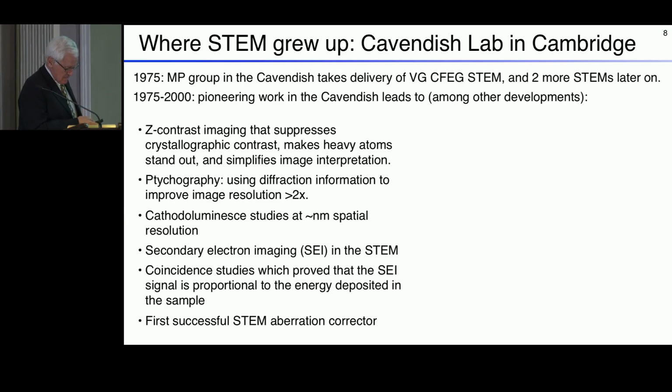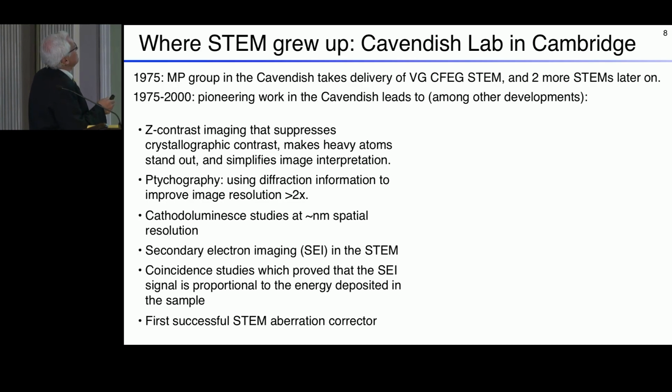Mick Brown at University of Cambridge got a STEM and started developing material science applications. And that was the group where I got my PhD from, and they got the STEM exactly the same year as I left to do a postdoc in Japan. So this happened somewhat parallel to what I was pursuing at the beginning of my career, but this lab developed things like Z contrast imaging that suppressed crystallographic contrast and made heavy atoms stand out.